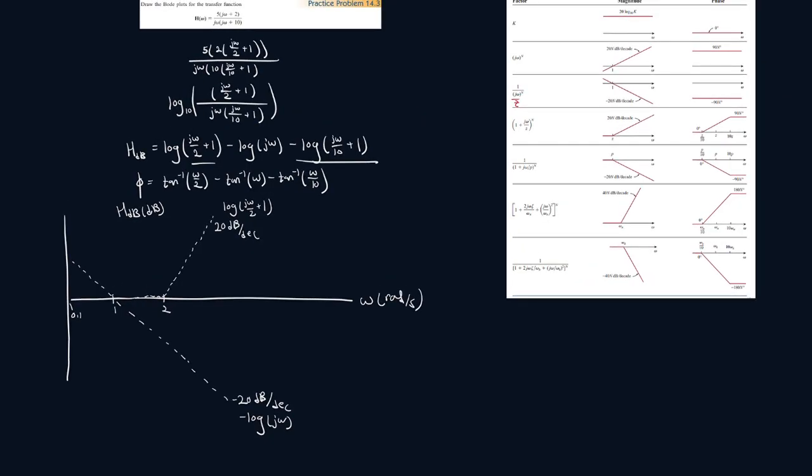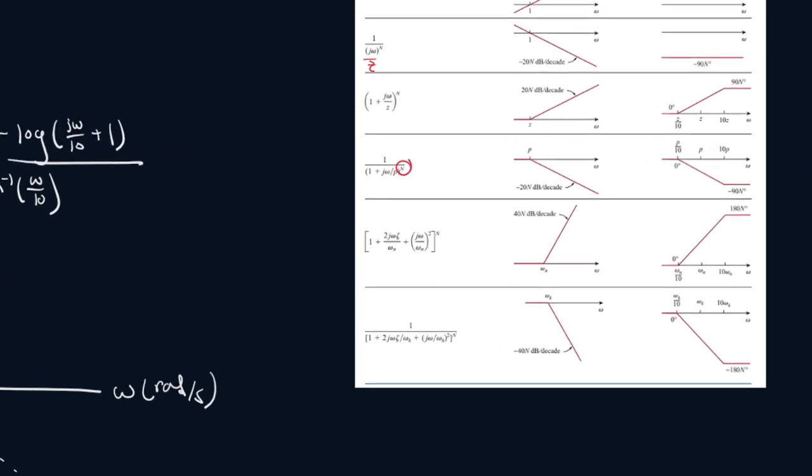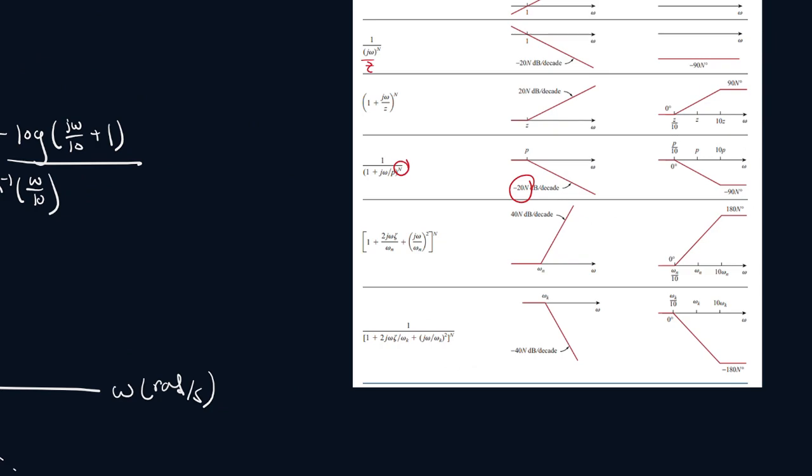Now we just have this part. So at 10, we have this, and then it breaks down with a slope of minus 20. See how this one matches this one? So P is 10, so it breaks with a slope of minus 20. Also, as a side note, the power also matters. So if this was to a power of 2, then it would be minus 40.